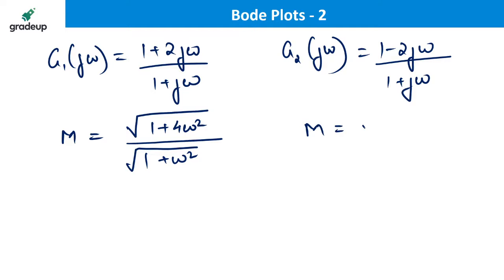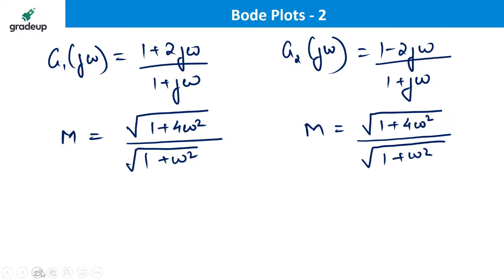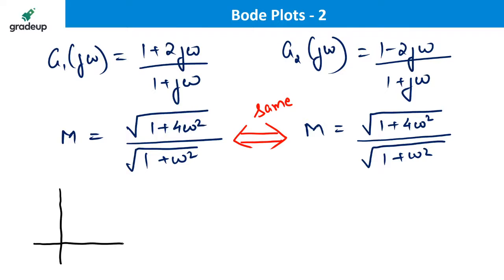And the magnitude here is root over, again, whether it is x minus jy, after squaring, minus 2 omega square is again plus 4 omega square, divided by under root 1 plus omega square. The first point to be noted is that the magnitudes of both the functions are the same. So if I try to take the Bode plot of them, first I am taking only the Bode magnitude plot, it will be the same for both.